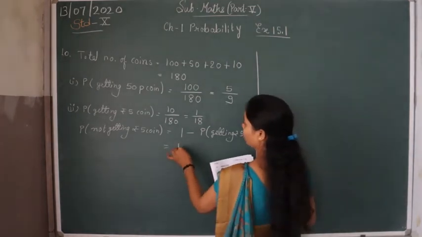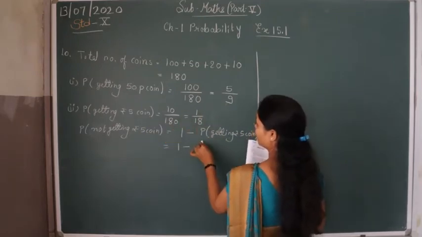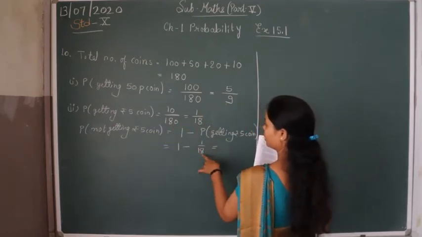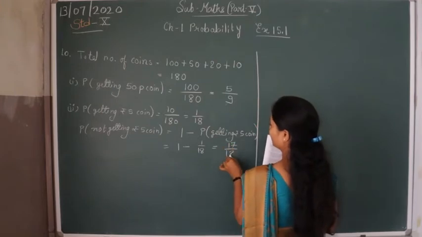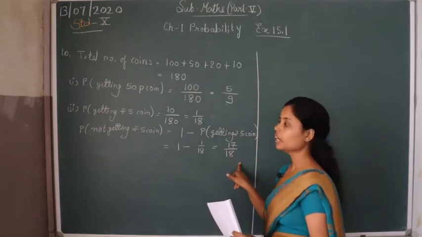So 1 minus 1 by 18, then you solve this and you get the answer 17 by 18. So the probability of not getting a 5 rupee coin is 17 by 18.